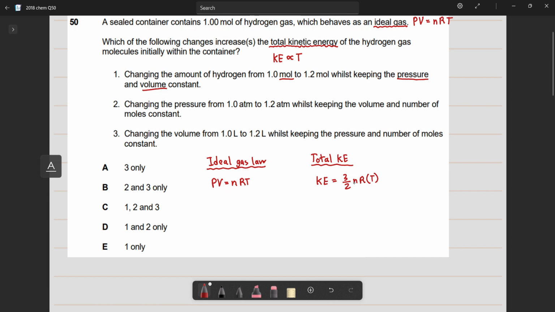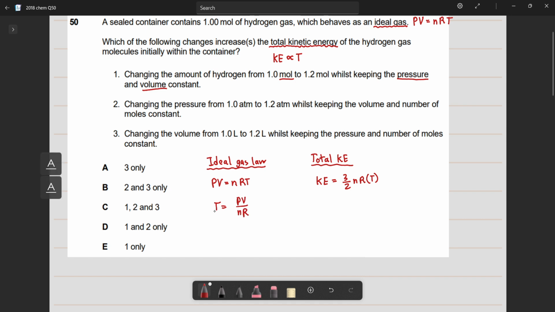To get rid of T, I make T the subject in the ideal gas law, so T equals PV by nR.